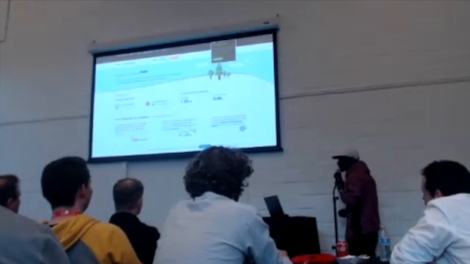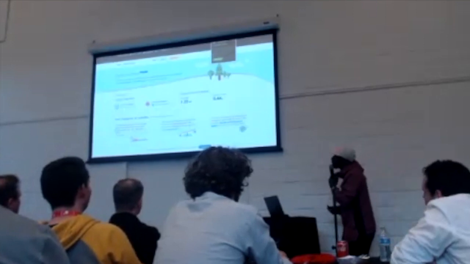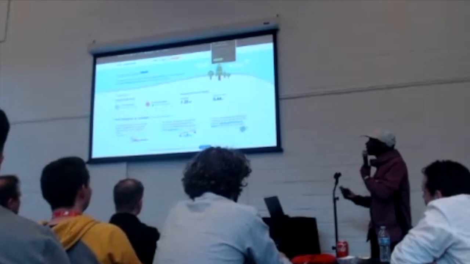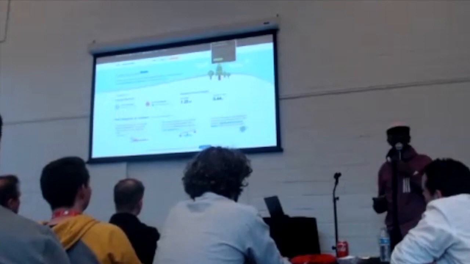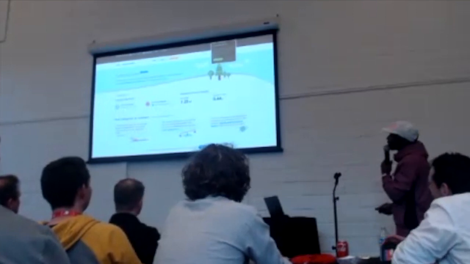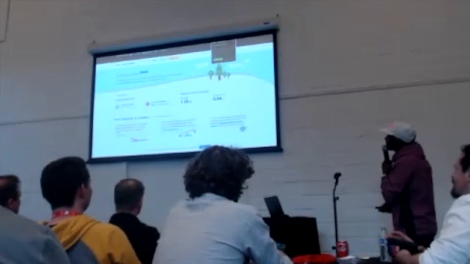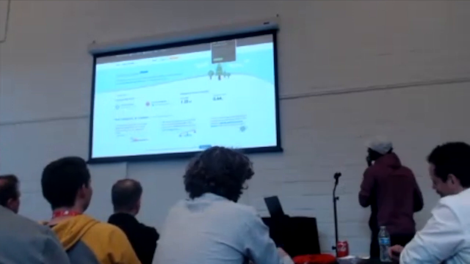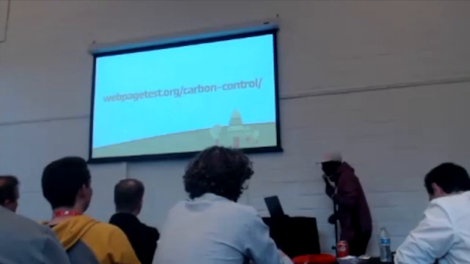And it's going to look like this once you start to get into the details. We're going to let you know, is your domain using renewable energy? Yes. What about your third parties? Some. And then we're going to give you a little estimate of carbon footprint there as well.